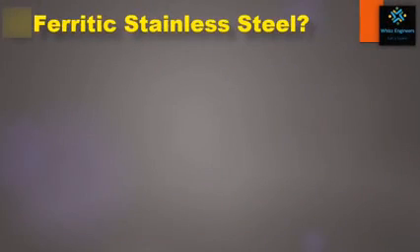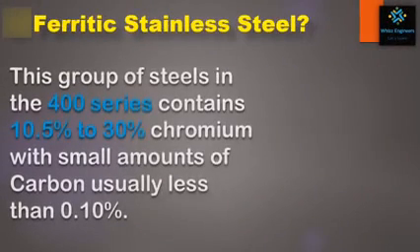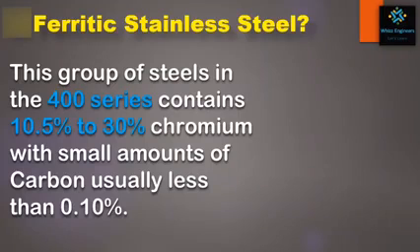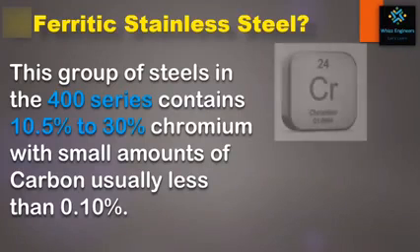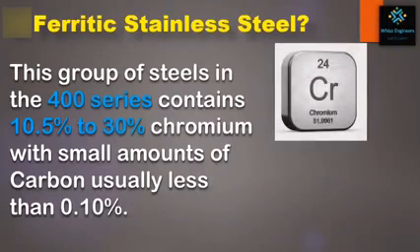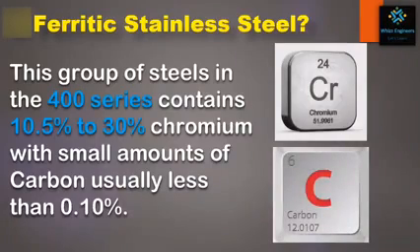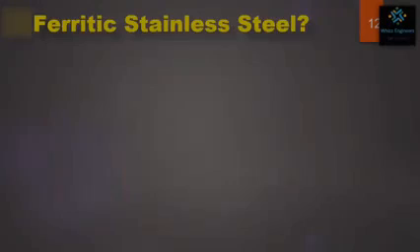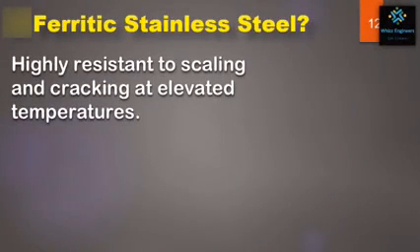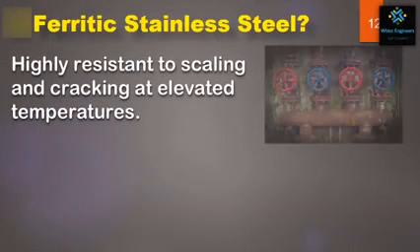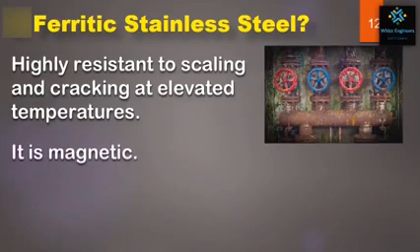So next is ferritic stainless steel. This group of steels in the 400 series contains 10.5 to 30% of chromium with a small amount of carbon, usually less than 0.1%. So these steels are highly resistant to scaling and cracking at higher temperatures.